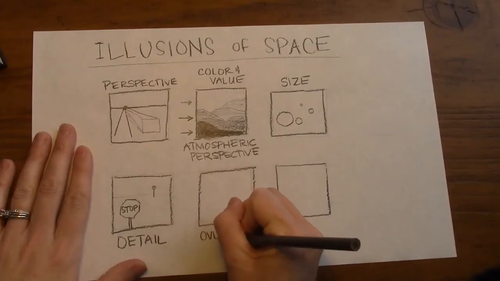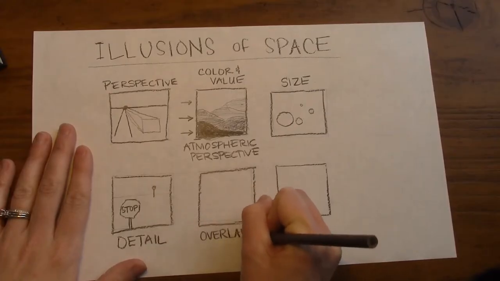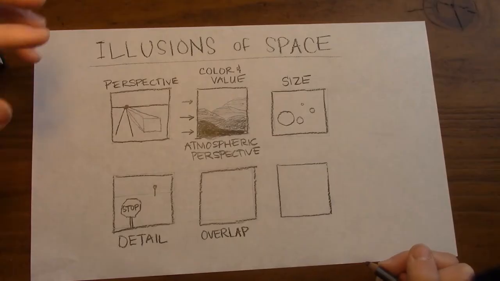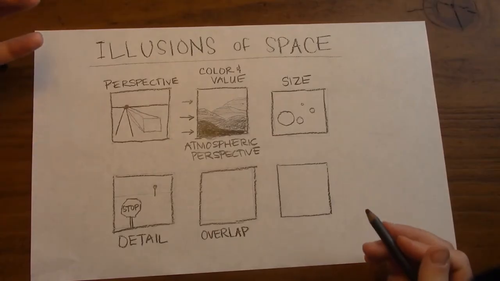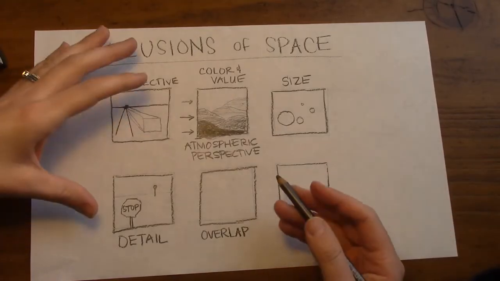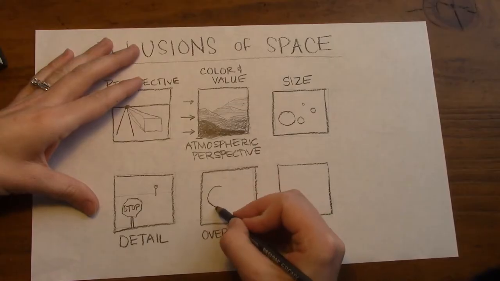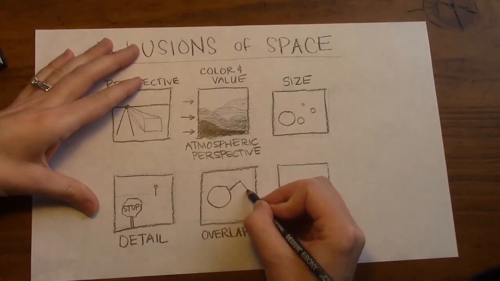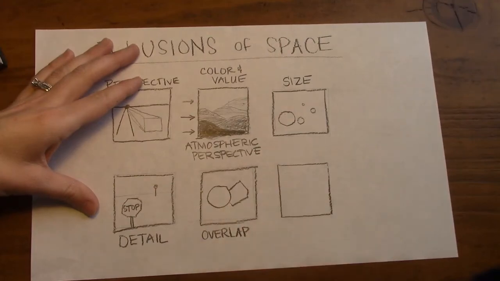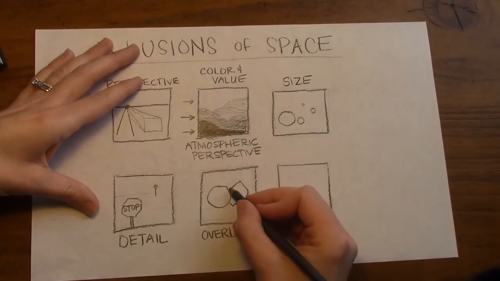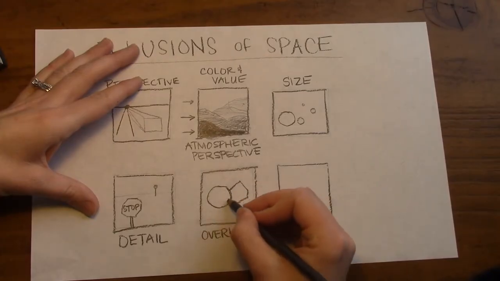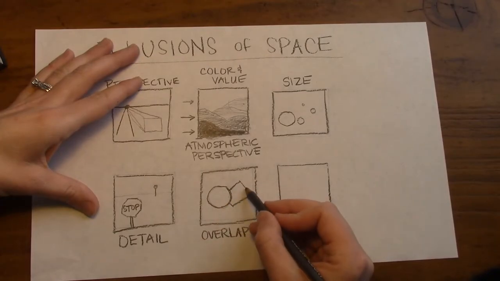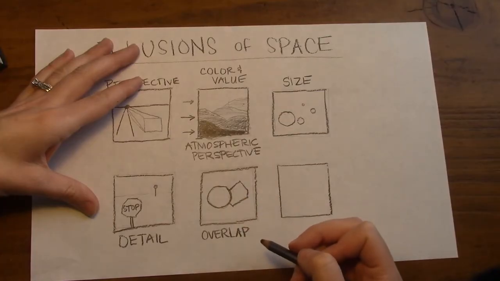Overlap is the fifth way that you can create an illusion of three-dimensional space on a 2D surface. And this one's super simple. It's just the idea that by simply overlapping two shapes or two forms, you're creating the illusion that this circular shape right here is in front of this kind of organic shape behind it.